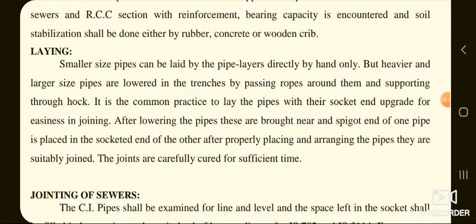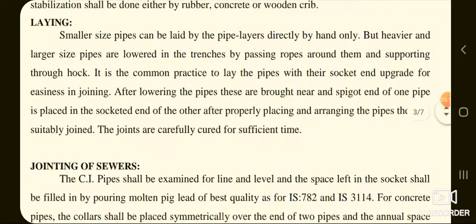Now the next step is laying. Smaller size pipes can be laid by the pipe layers directly by hand only, but heavier and large size pipes are lowered in the trenches by passing ropes around them and supporting them. It is the common practice to lay the pipes with their socket end upgrade for easiness in jointing.